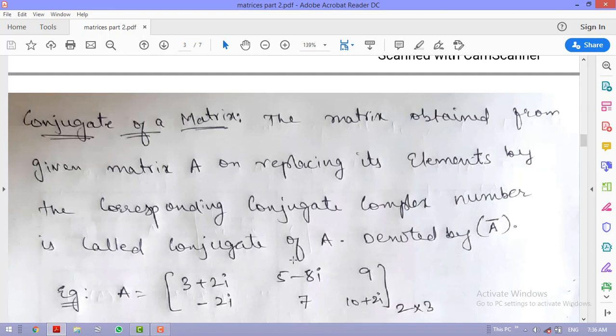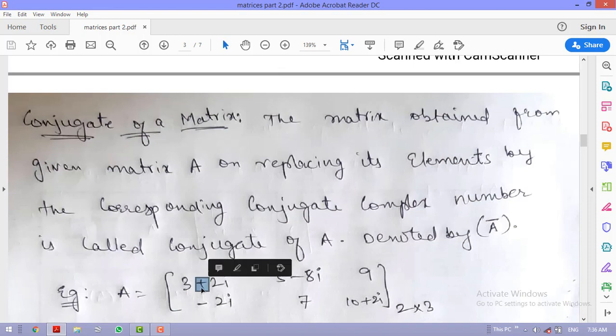Yeah. So now we will see the conjugate of a matrix. I will just tell you simply, without reading any definition: if an element in the matrix has an imaginary number, then you just have to change its sign from whatever sign was there before.